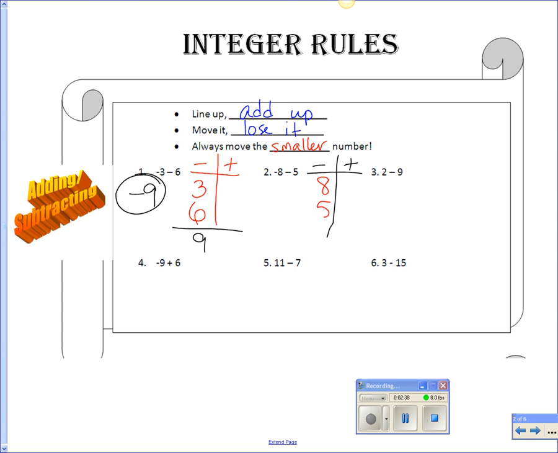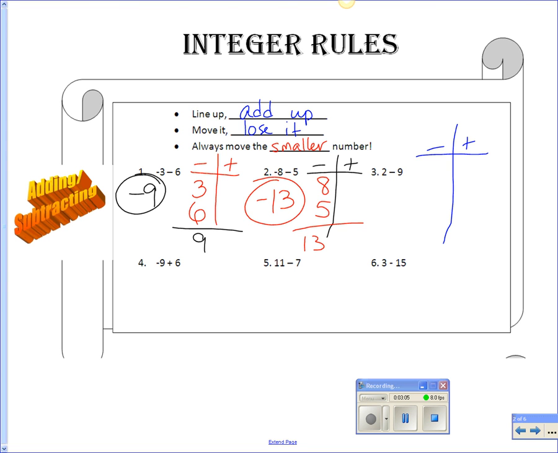So I'll put a 5 over here. Same thing as having a negative 5. Do those line up? Yes. So line up, what? Add up. So 8 and 5 add up to 13. What side is the 13 on? Negative. So you have to put a negative with your answer. Okay?